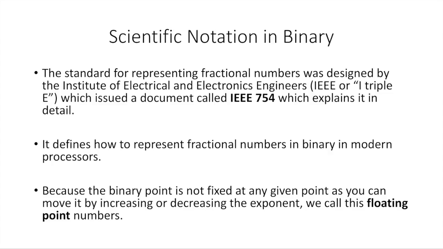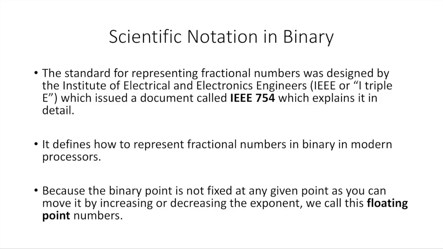All processors can implement it the same way, so it's very easy for processors to talk to each other, and for code to be written one way because they all work the same way. The document is called IEEE 754, and it explains in detail how to store fractional numbers in scientific notation in binary. Very cool.